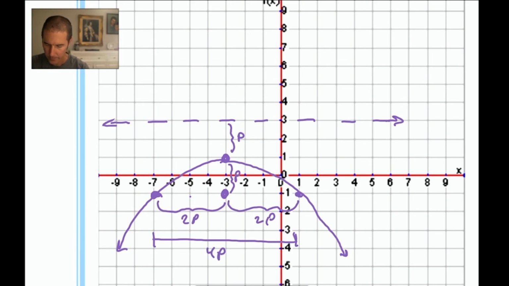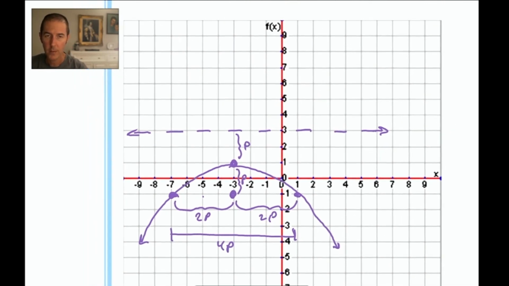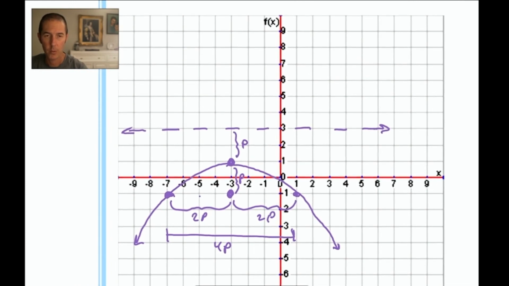That was not a requirement, but stating the coordinates of the vertex is important. Being able to talk about concavity is important, and you're going to need that p-value for sure to draw the graph. But also, a question that you might run into is you might be requested to write the equation of the directrix.